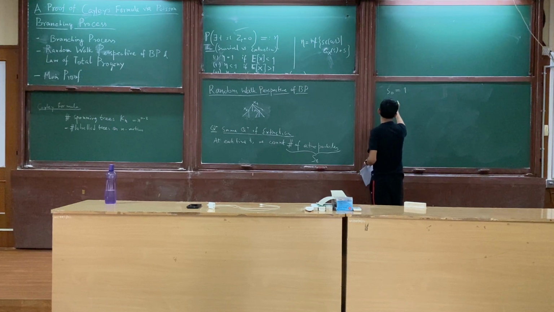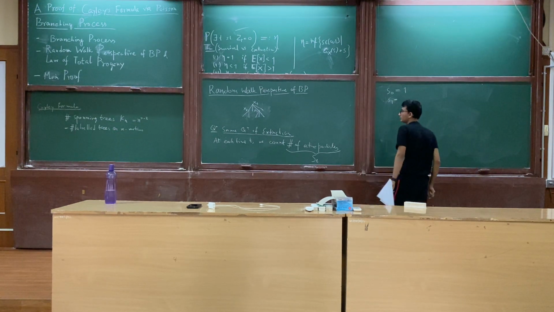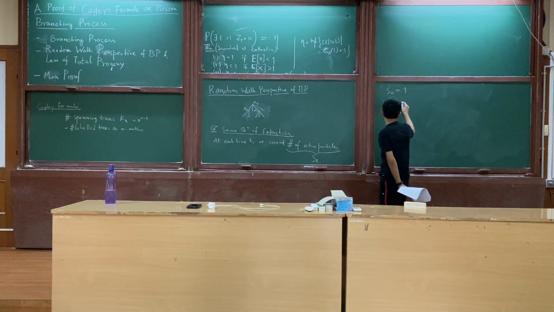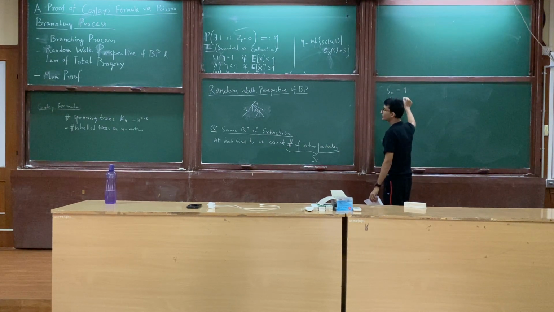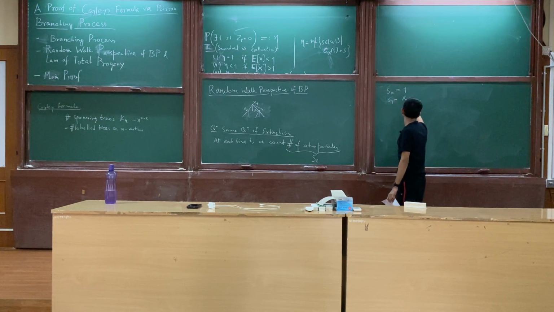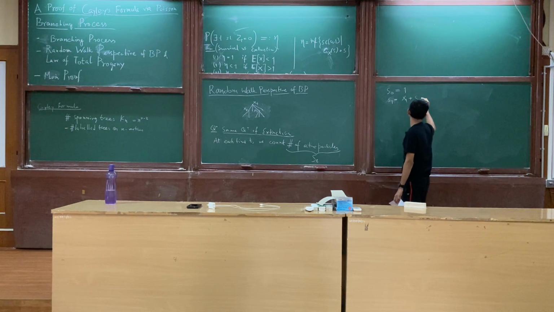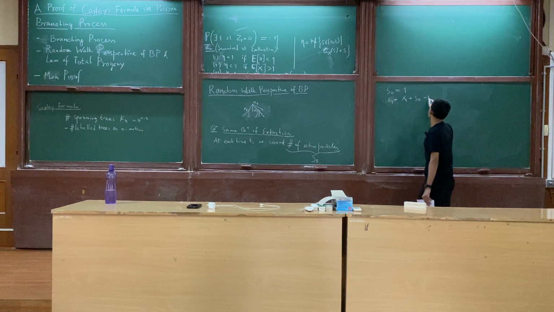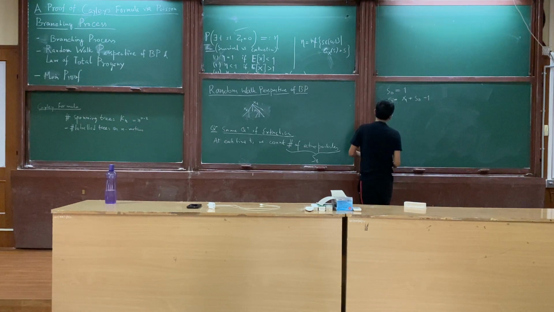Okay, at time 1, this count will be the number of particles generated at that time. So it is X1 plus the number of particles that were generated before, that is 0, and the parent that died, minus 1 because of that.